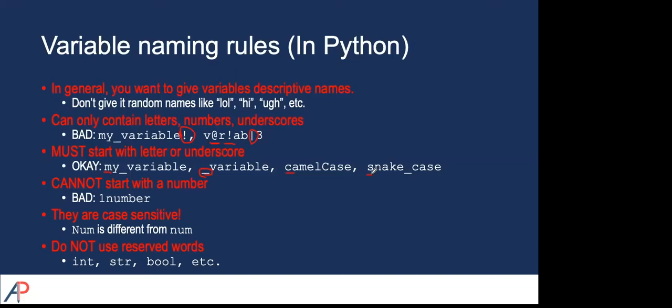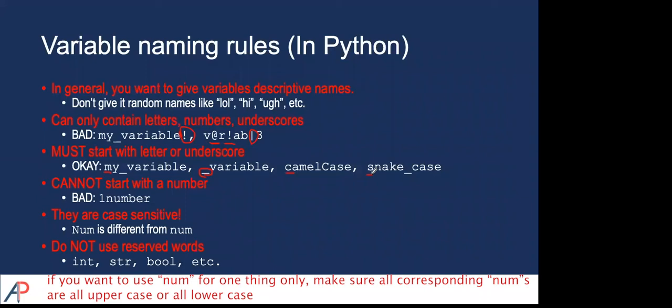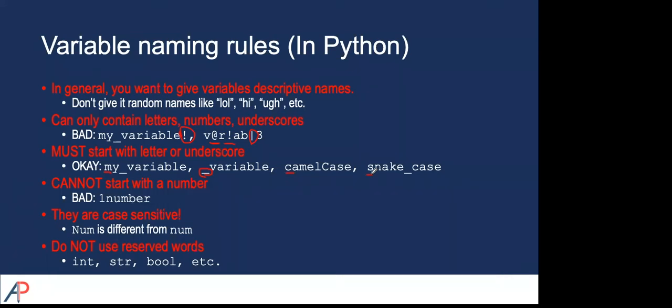If you want to use num for one thing only, make sure all of the nums are either uppercase or start with the lowercase. And do not use the reserved words. That has a special meaning reserved in Python already. You cannot use it as a variable. And with all of this being said, let's go ahead and go to Python and do some practice.